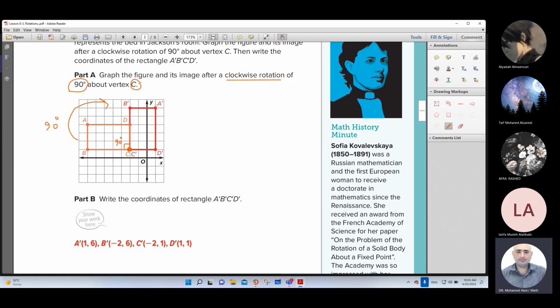So as you see here, A prime will be 1 in the X and 6 in the Y. And B prime will be -2, 6. And C prime will be -2, 1. And D prime will be 1, 1.